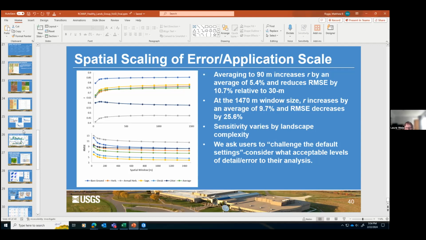Hi, yeah, thanks. I was just struck by something you said a couple slides ago, where bare ground is defined as anything that does not have vegetation on it, living or dead. So that means rock, for example, could be the same as soil, which ecologically can be very different.